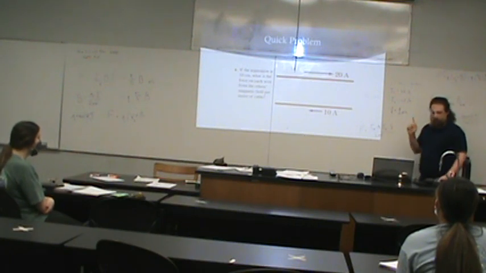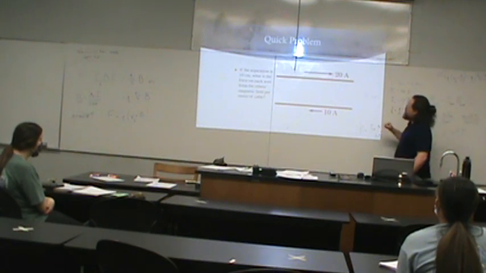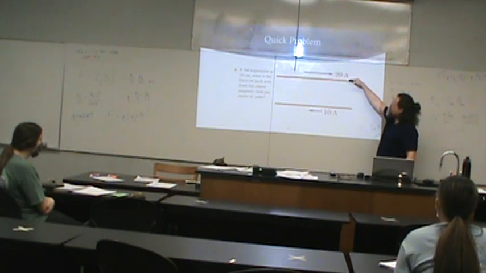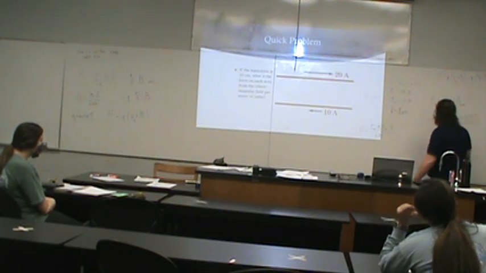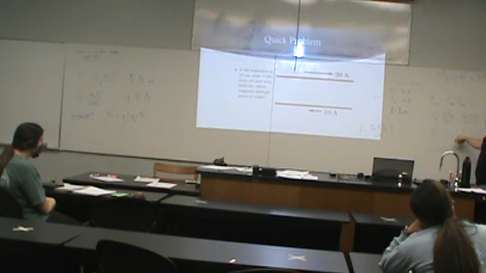Wait, can you repeat that? Yes, I can. At the 20 amp wire's location, the 10 amp wire is creating this much field, and it's acting on the current in the 20 amp wire.